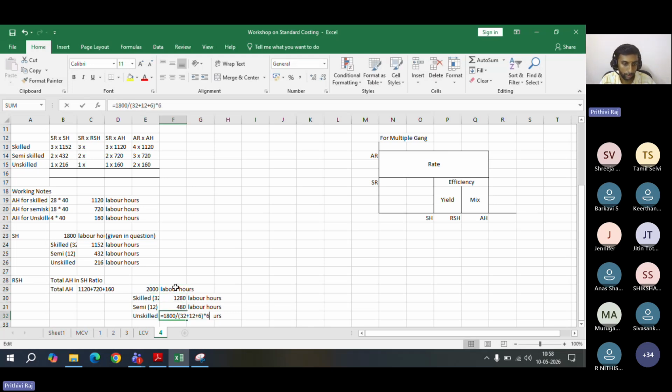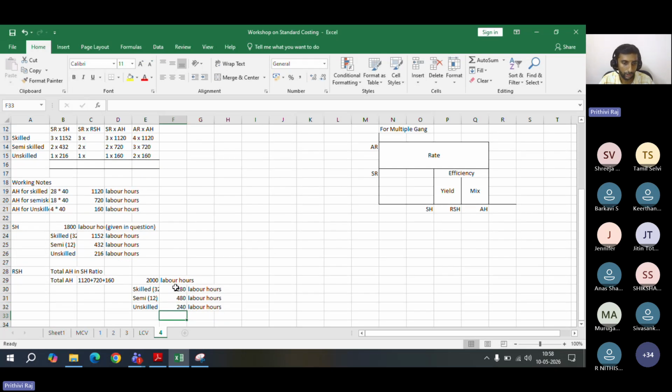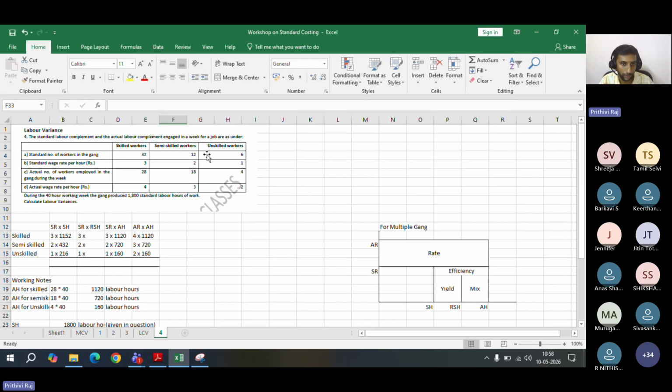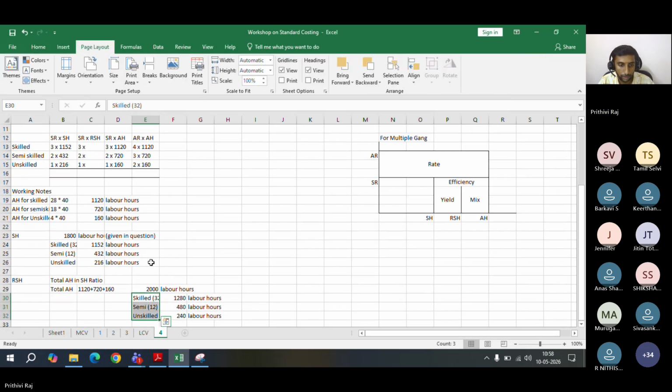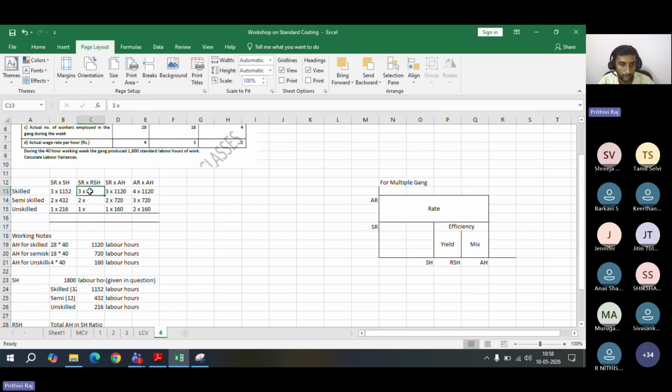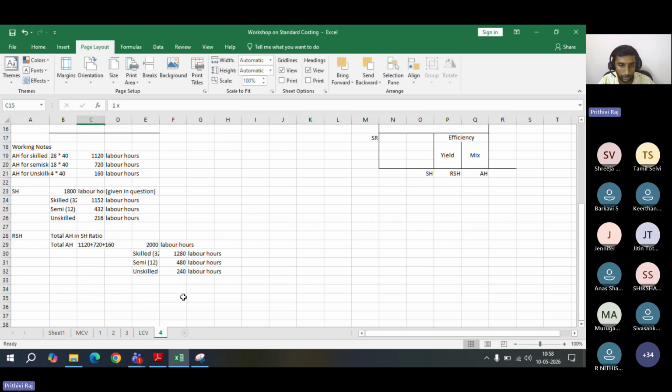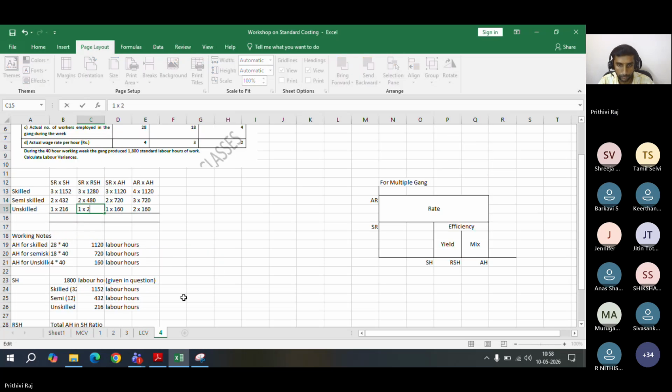I split the total labor hours 2000 in SH ratio, standard number of workers 32, 12, 6. So you get RSH: 1280, 480 and 240. Just put the total.